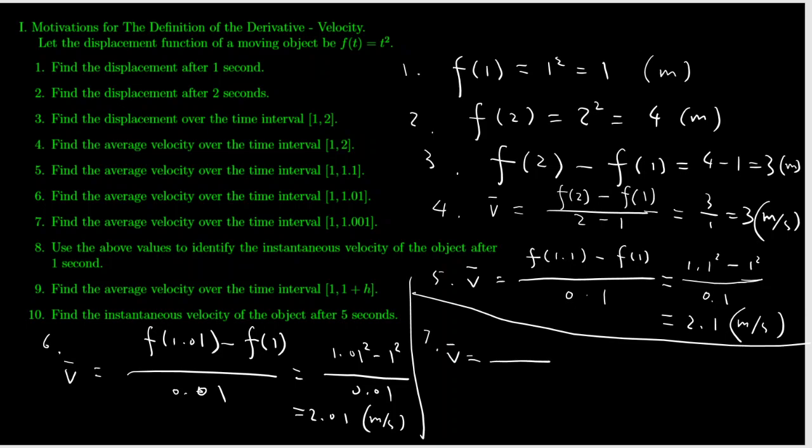Average velocity, with the time elapsed in the denominator and the distance traveled in the numerator. I hope I wrote enough zeros. Two zeros, I think.